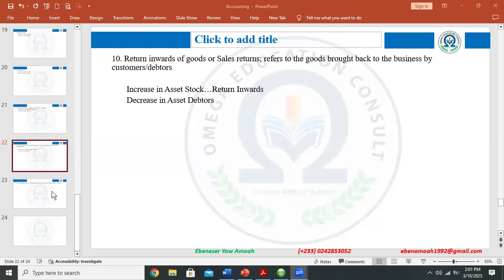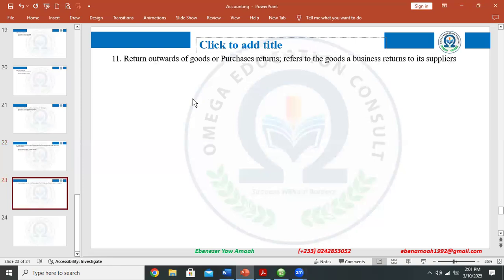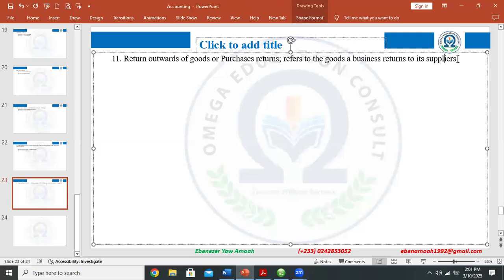Great. The last one is the return outwards. This time it is the business that is returning the goods to the supplier. So the business is giving out the goods, and our stock, the business stock, is going to decrease. I think we all appreciate that, because the business is sending goods outside to the supplier.